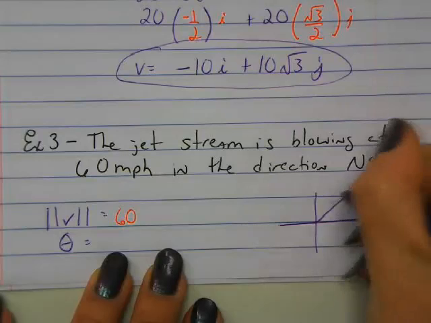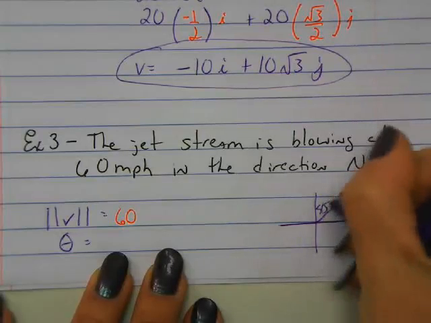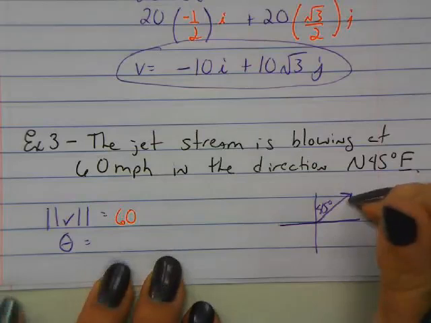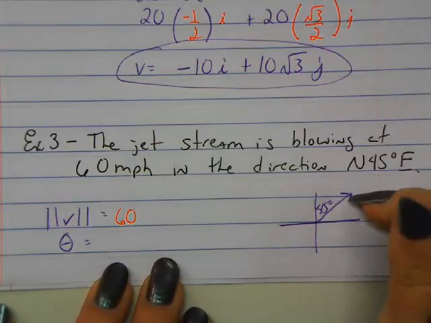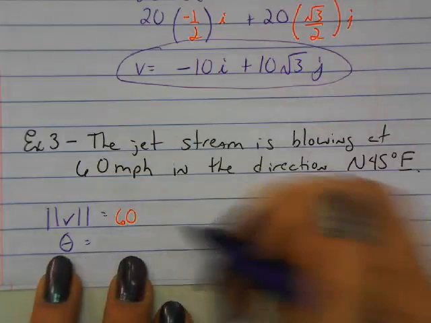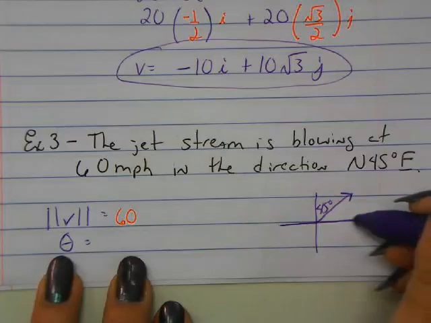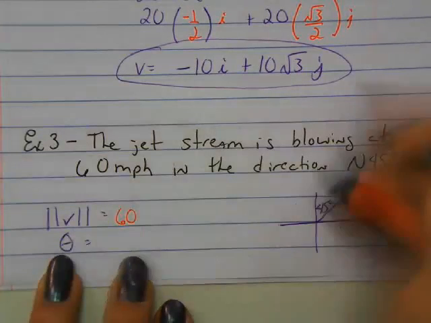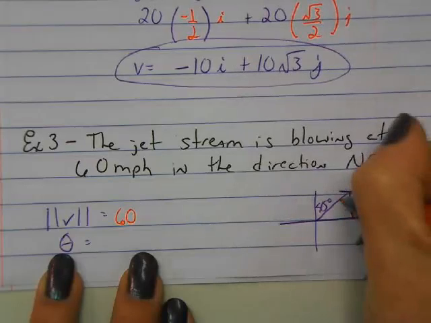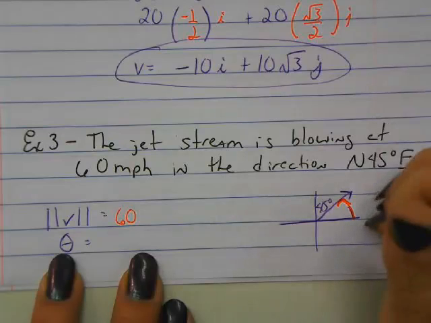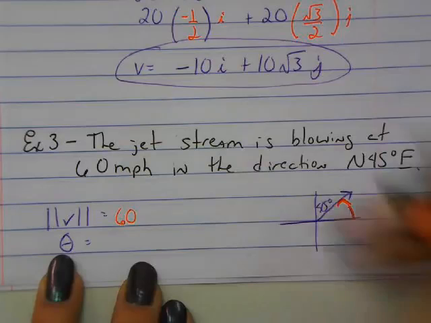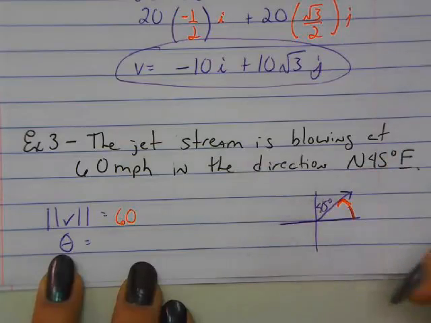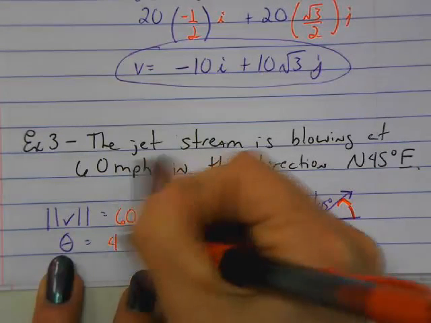And what's nice is I now know that this is in quadrant 1, which means everybody is positive. But I need to ask myself, this is the angle I'm finding here. So in this case, it's also 45. So theta is 45 degrees.